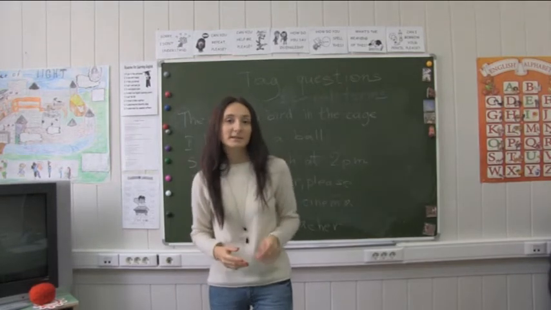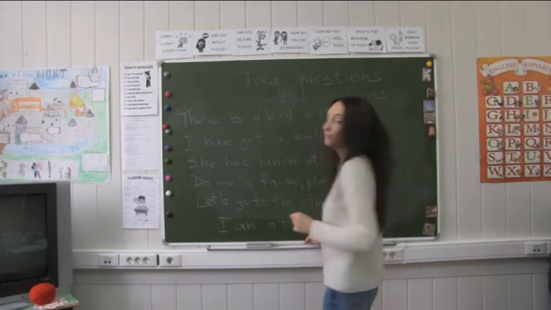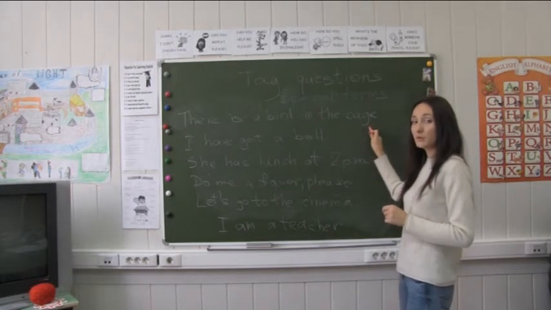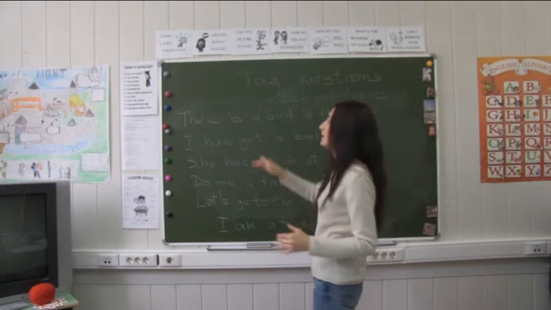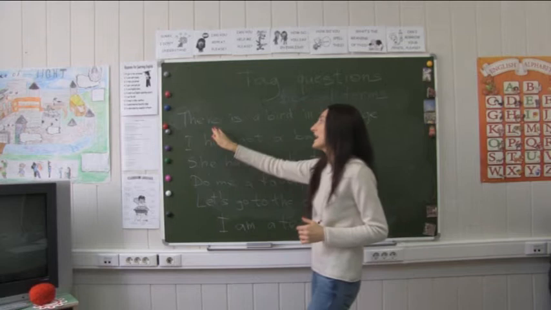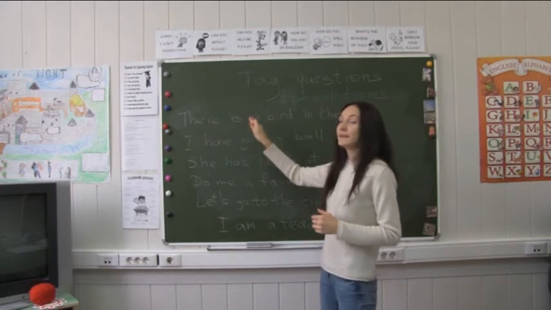So now let's look at some special cases that can be difficult in making tag questions. The first sentence: there is a bird in the cage. The tag question will be with the help of the auxiliary verb, the main verb here, is, and the first word there. As the sentence is positive, use a negative tag question.